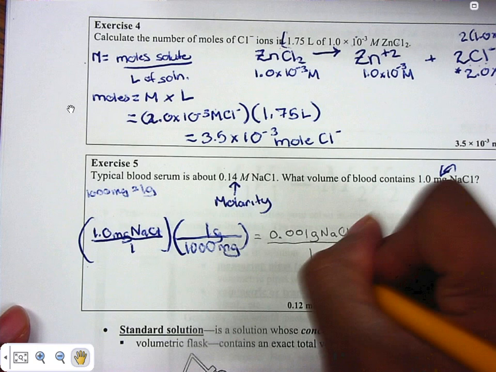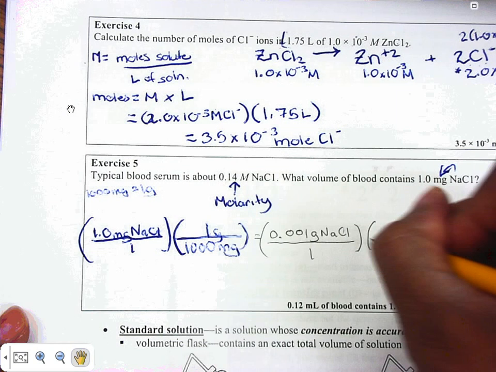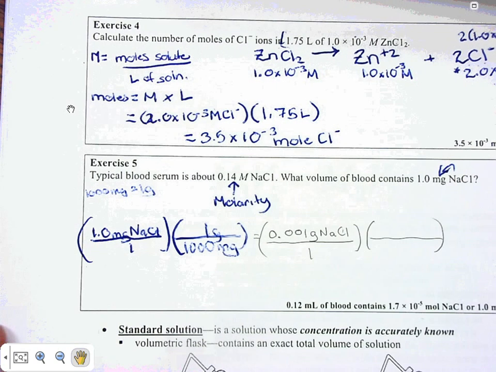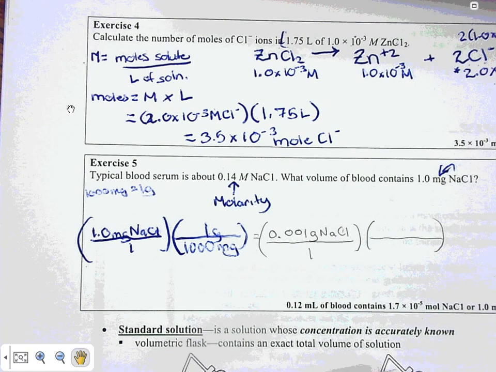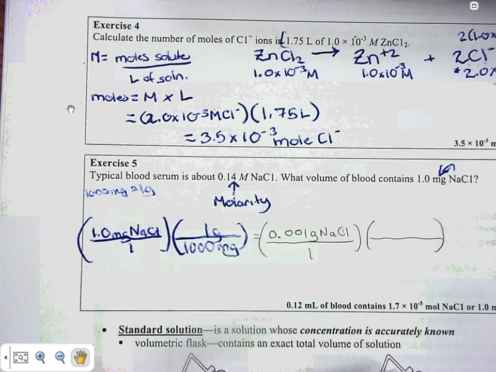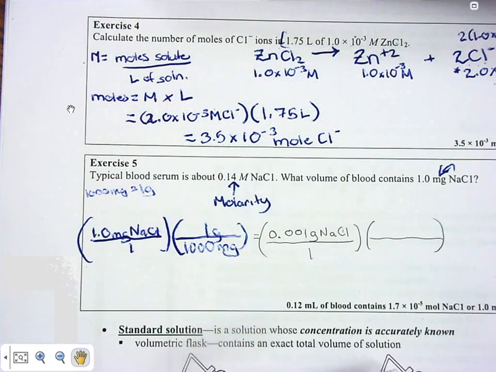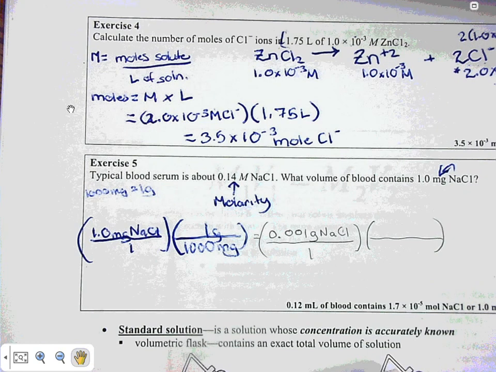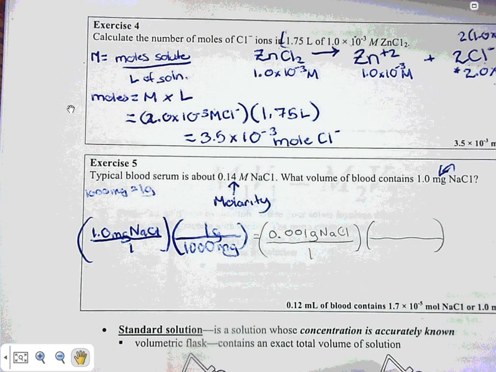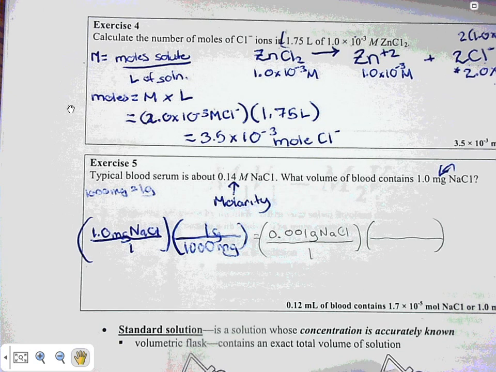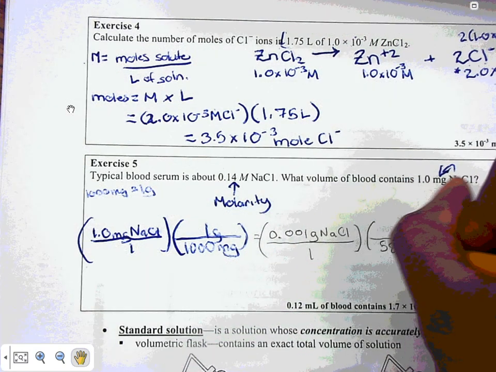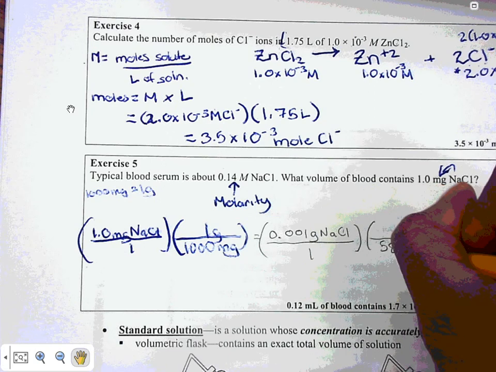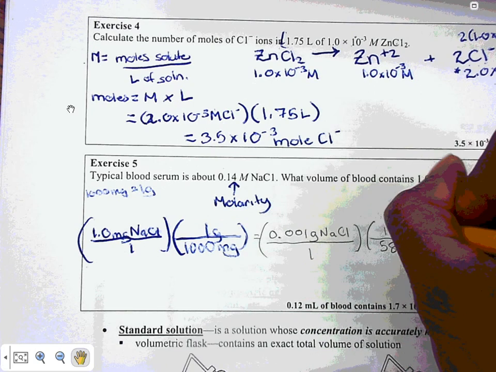I take that and I divide by the molar mass of sodium chloride. Remember, you get the molar mass of a compound using the periodic table. Sodium is roughly 22.9 or something like that, which rounds to 23. Chloride is like 35.45. And the molar mass ends up being 58.45 grams for 1 mole of NaCl.